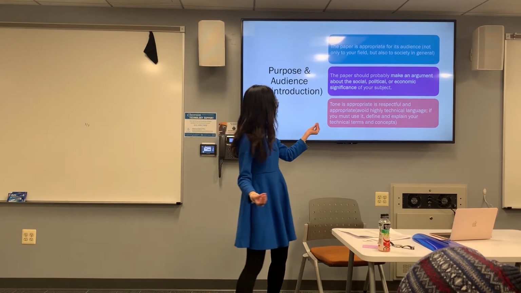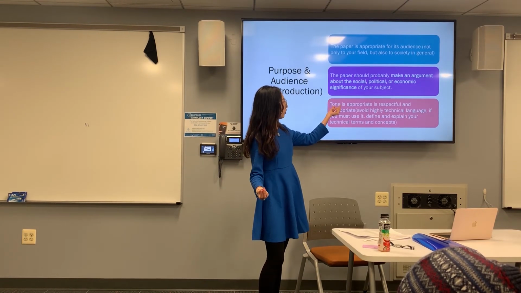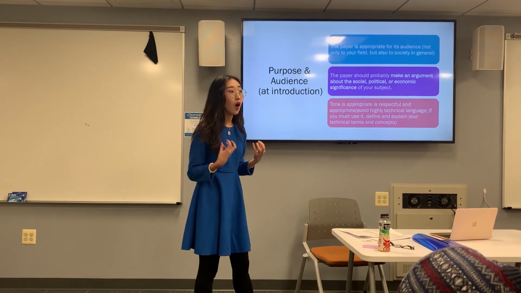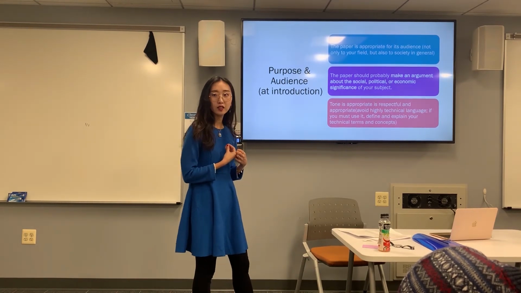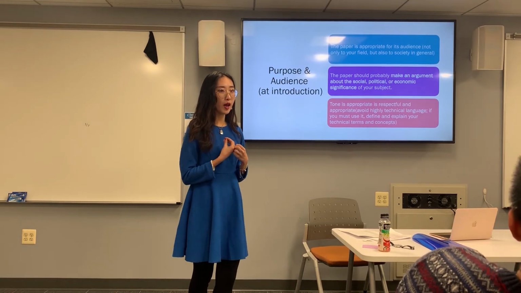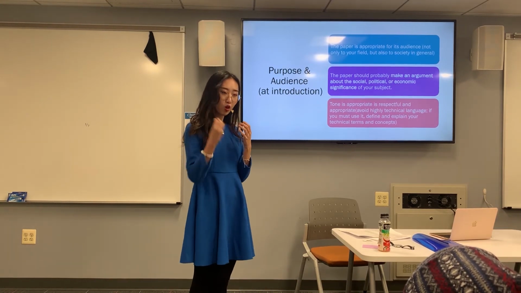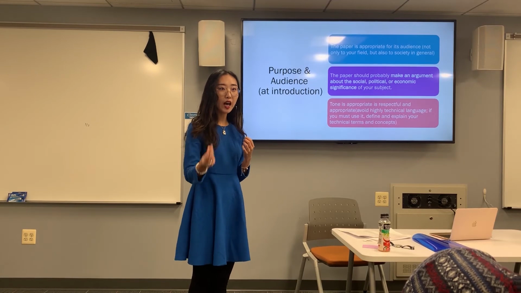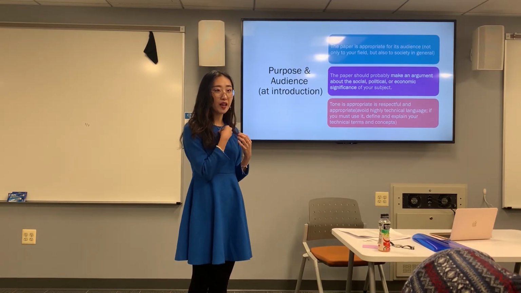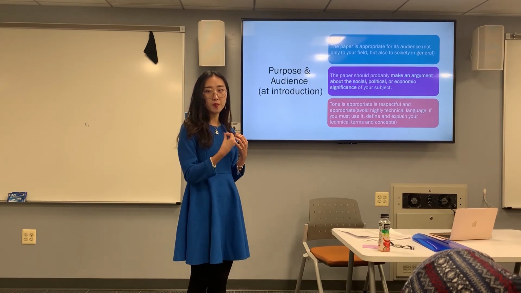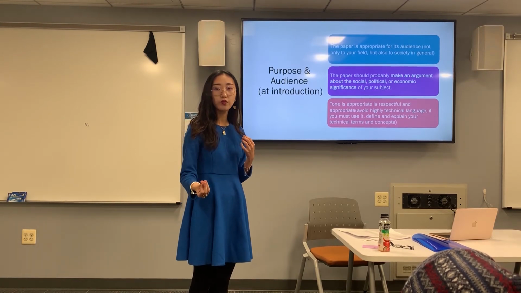If you do not mention social, political, or economic significance, why do I have to care about your paper? Okay? So just think about it this way. I'm not your audience. I have to read your papers because your paper talks about something that is related to my life, to the people in society in general.